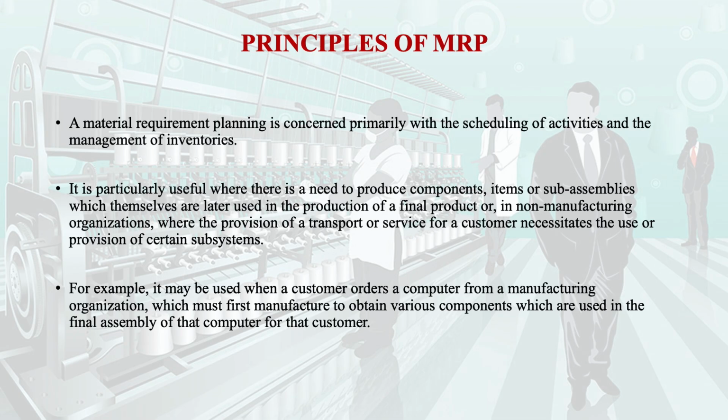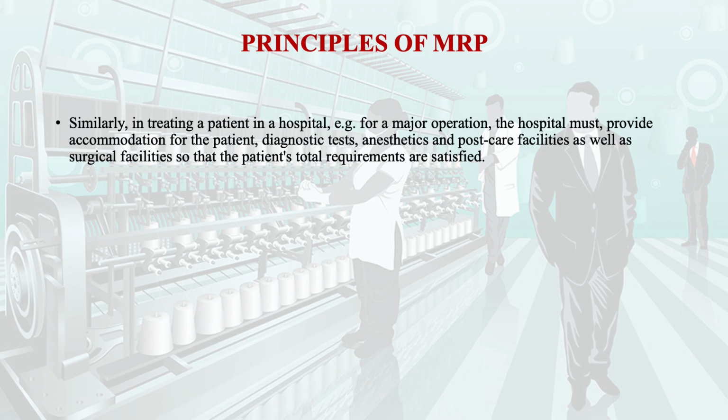If I take an example, it may be used when a customer orders a computer from a manufacturing organization, which must first manufacture various components which are used to do the final assembly of that computer for that specific customer. Similarly, in treating a patient in a hospital for a major operation, the hospital must provide accommodation for the patient, diagnostic tests, anesthetic equipment and services, and post-care facilities, as well as surgical facilities, so that the patient's total requirement gets satisfied.